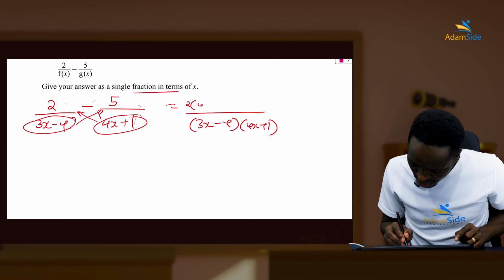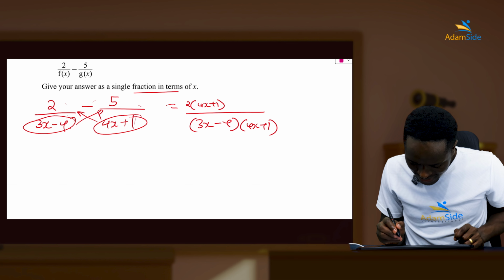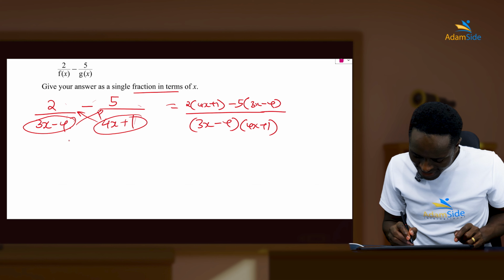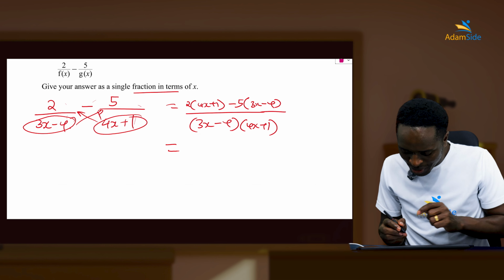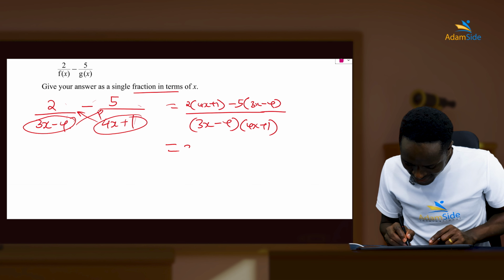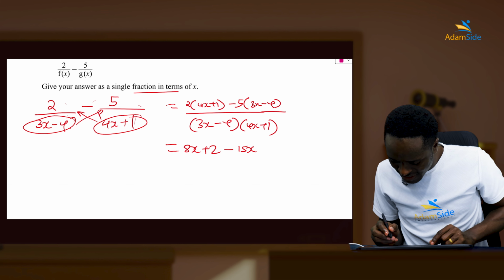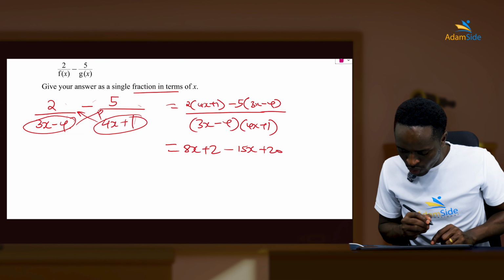So when you divide this, you have 2 into 4x plus 1, and then minus 5 into 3x minus 4. That means you're making a single fraction. Then open bracket. 2 times 4x is 8x plus 2, minus 15x, because negative 5 times 3x is negative 15x, and negative 5 times negative 4 is 20. Correct.